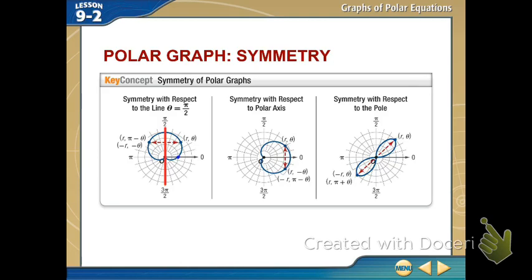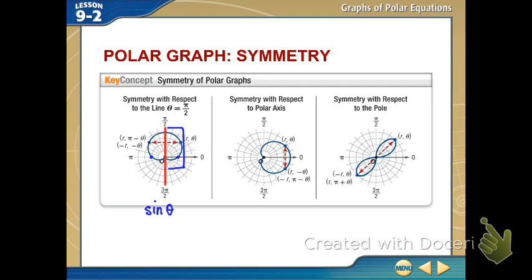And what that means is that instead of plotting all the points, I could just plot points from minus 3 pi over 2 to pi over 2, and then I could flip or reflect those points over the line theta equals pi over 2. And remember that anything that has a sine is going to have this kind of symmetry.